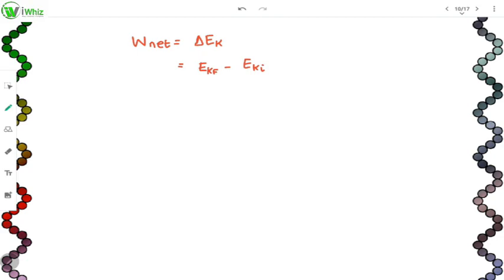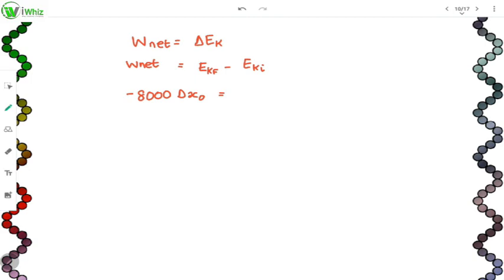What is that change equal to? We calculated work net, and work net was minus 8,000 delta x, and that would be equal to, what is the kinetic energy final?